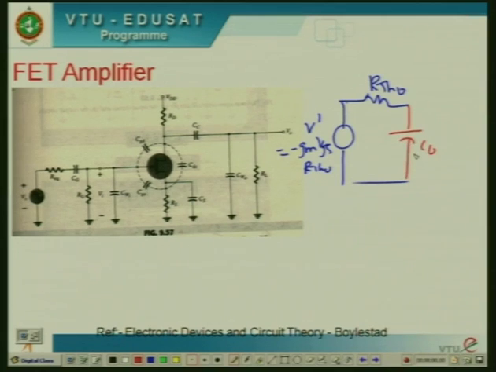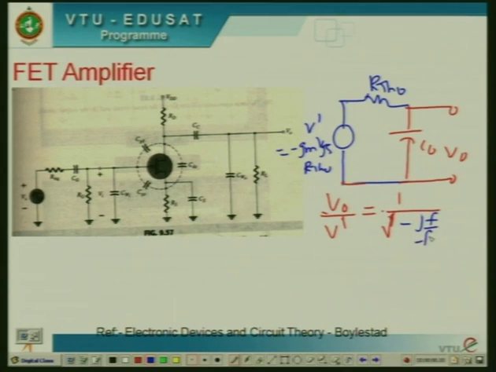If you analyze this circuit along similar lines to the input circuitry, you are going to get V naught by V dash equal to 1 divided by square root of 1 minus j f by fH naught.